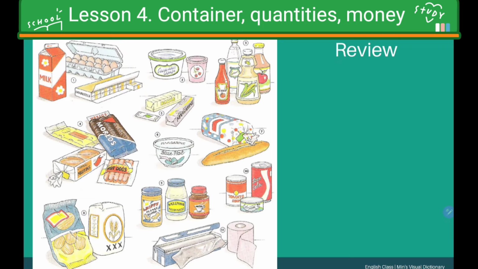And number 5, we have a bar of butter or margarine. And number 6 is a tub of margarine. And number 7 was a loaf. And number 8, we had a bag of flour. Number 9 was a jar of mayonnaise. And number 10 was a can of tomato soup or tuna. 11 was a roll of aluminum foil or a roll of paper towel.